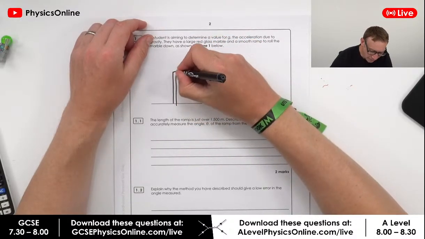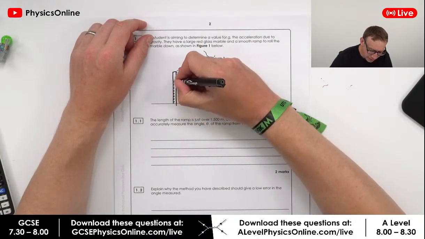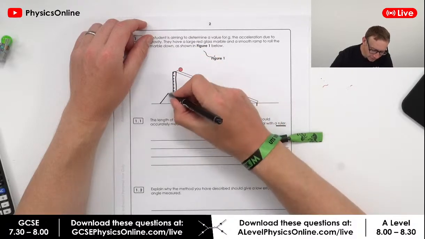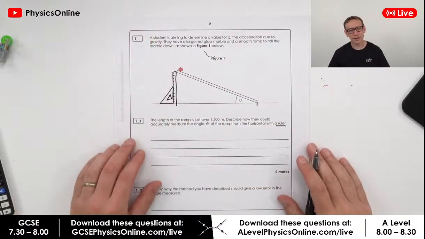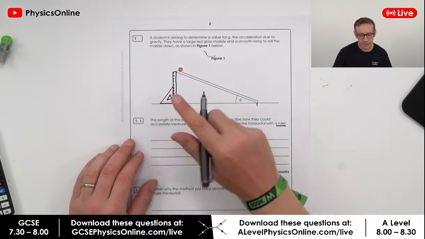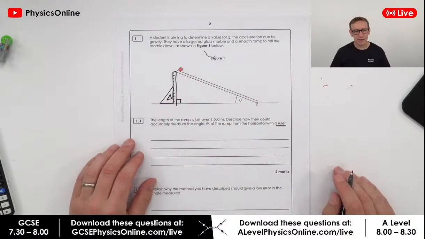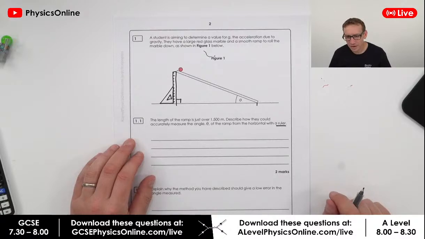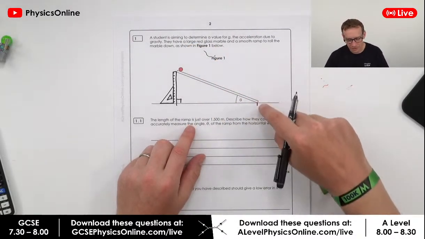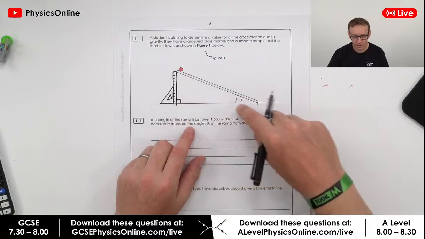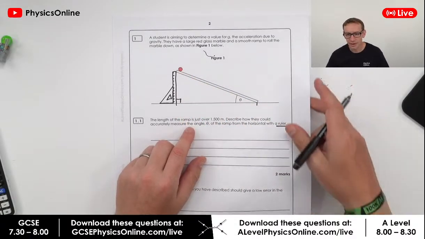You just have your ruler set up vertically like this, and to make sure it's vertical, you use a set square. If you know you've got a set square there, we know this angle here is going to be a right angle. You don't need to know where the ball is, you just need the horizontal length and the vertical height.